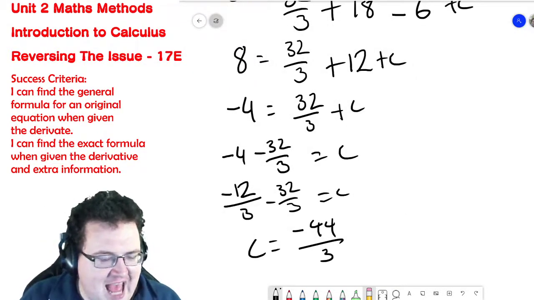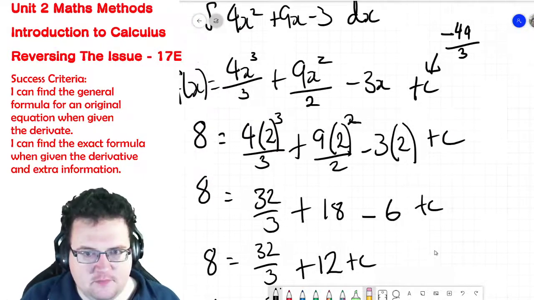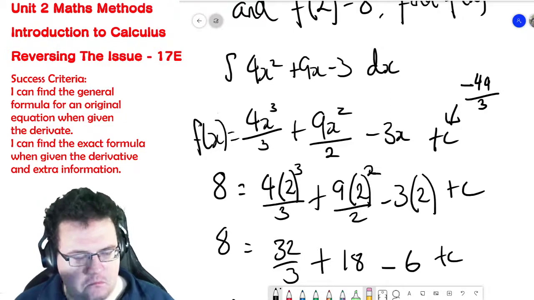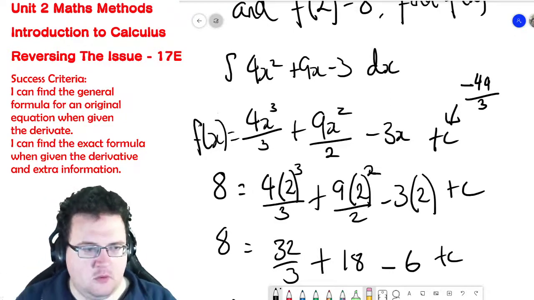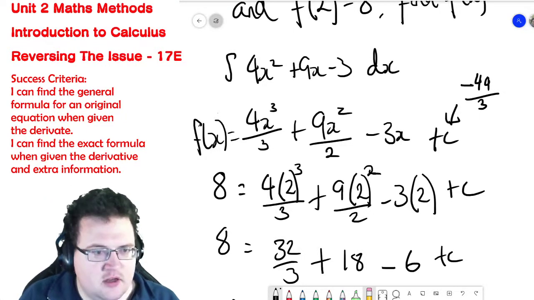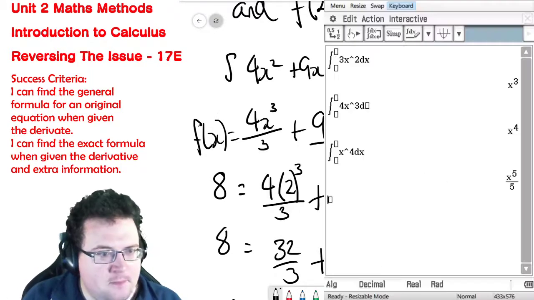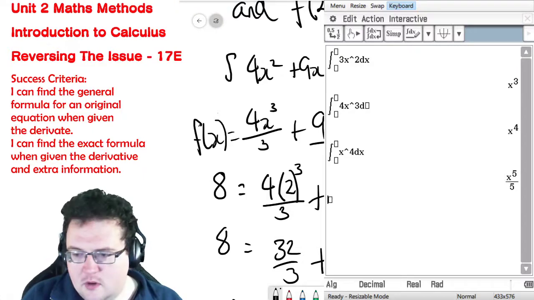All right, so using our CAS to help us with this question, you still need to do a bit of work on paper, but you can also use your CAS to help you with that. So what I'm going to do is pop up the CAS again. I'm going to shrink this down just a little bit.